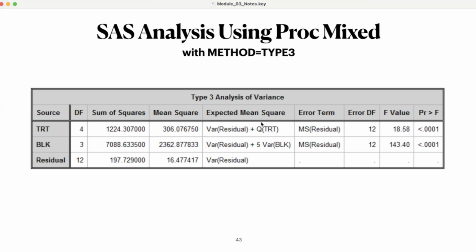This is going to be 0 if and only if all treatment means are equal. And then the expected mean square for blocks would be sigma squared plus 5 times the variability of block. And if you go back and compare that to what we had put down in the notes, you'll see that that's consistent with what we included.